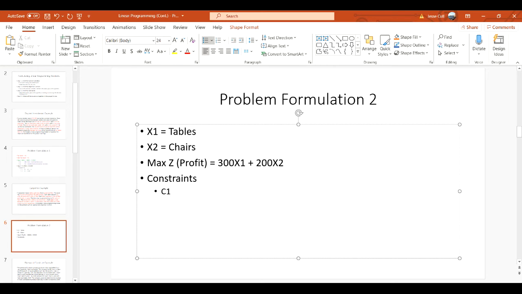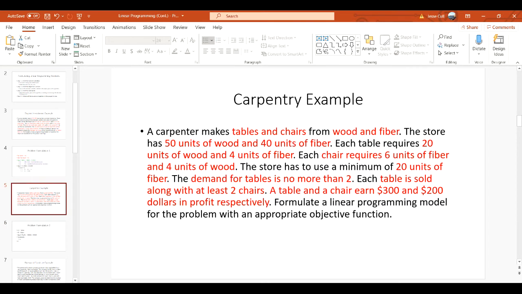So C1. I'm just doing this for ease of reading later. C1, in this situation, let's look. The store has 50 units of wood and 40 units of fiber.